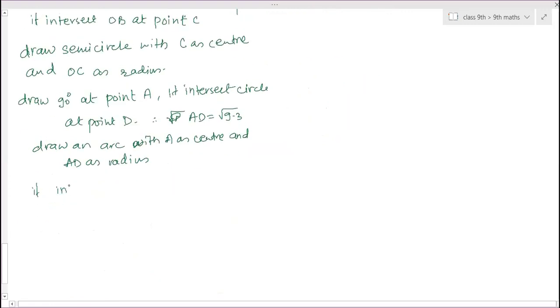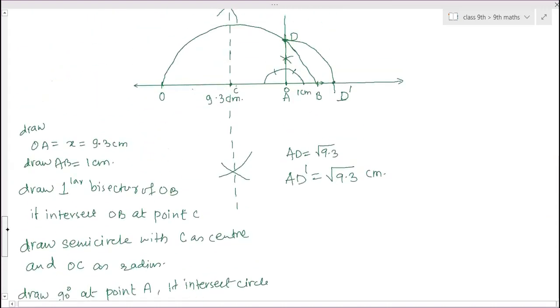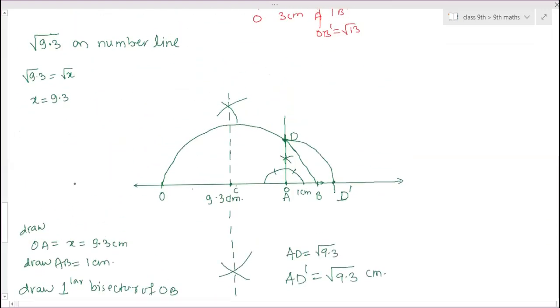It intersects the horizontal line or number line at point D dash. Therefore AD dash is equal to square root of 9.3 centimeter. So draw this construction and write the steps of construction also.